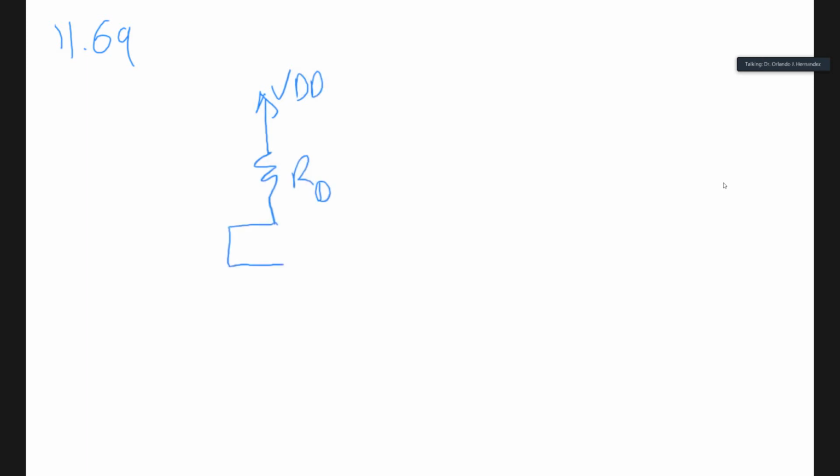So this is a common gate here, and there is a bias network that is not shown, and there is a current input that comes into here.